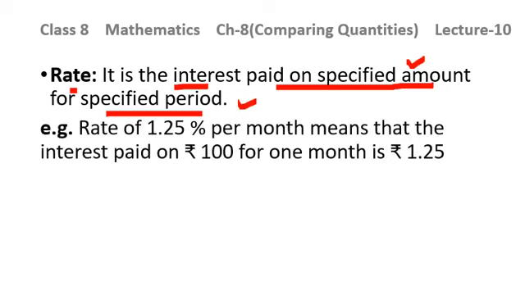For example, rate of 1.25% per month means that the interest paid on rupees 100 for 1 month is rupees 1.25. This is basically the meaning of rate percent.